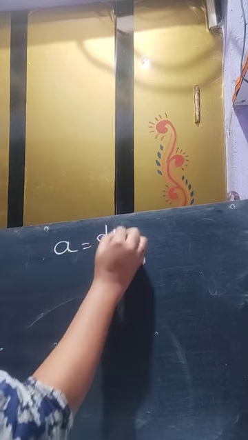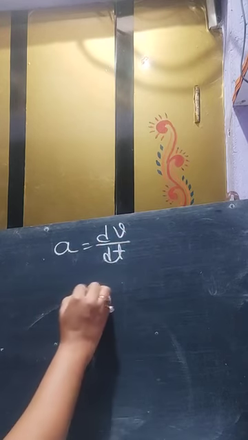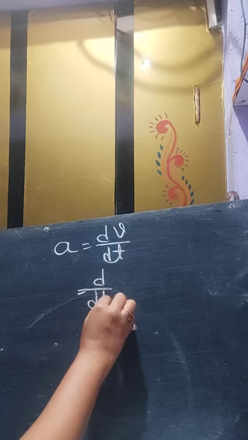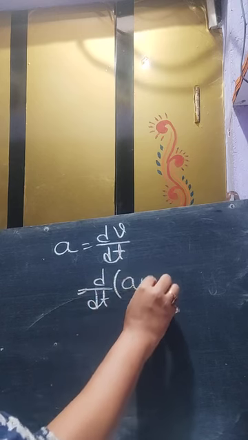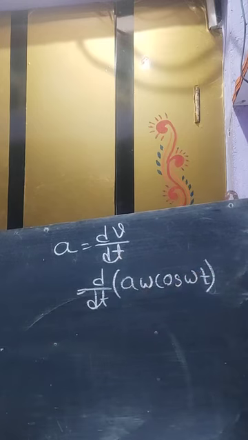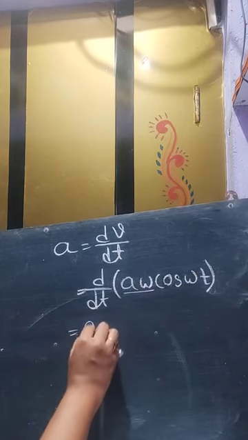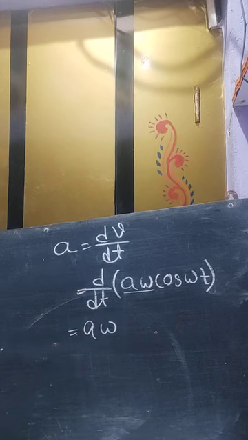So what is a? A is nothing but dv/dt. This is the differential form, right? Now in dv/dt, instead of v, we can write a omega cos omega t. Okay, a omega is the constant term, that's why I am taking it out.